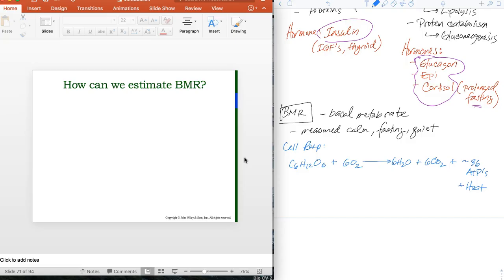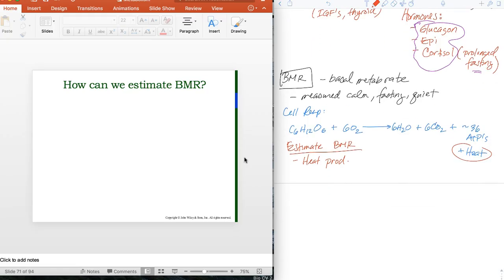So when you think about what you can use to measure a person's metabolic rate, there are some different options. You can look at heat production, for estimating the BMR.